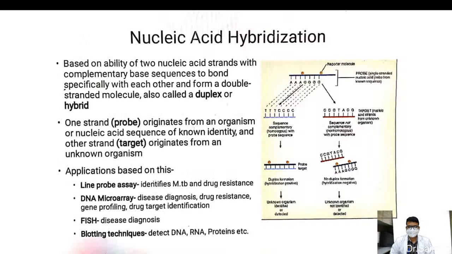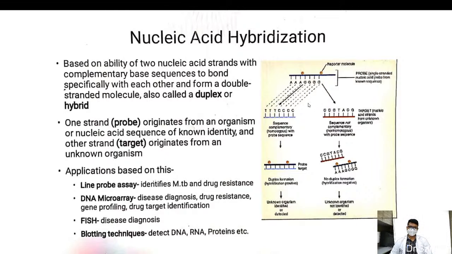So finally, coming to nucleic acid hybridization, mainly this is based on the ability of nucleic acid strands to pair up with complementary base sequences. This forms a duplex or a hybrid. Here we have one strand that is known, one strand that is unknown.